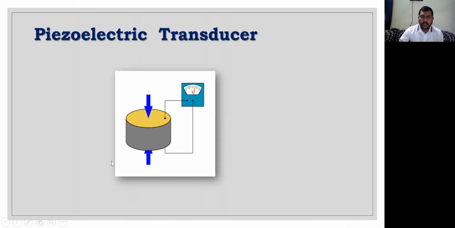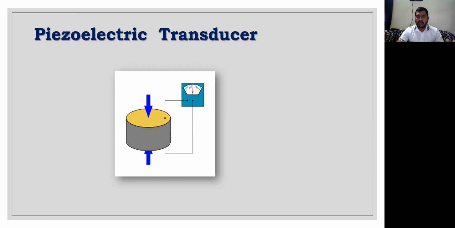So when you press this, piezo means pressure, right? Whenever pressure is applied to one face of this transducer, it generates voltage. So this is an active device. As you can see, we are not going to apply any electrical energy or excitation energy to this piezoelectric transducer.